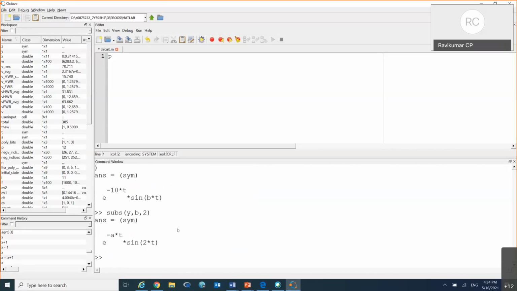You can take this and substitute in this function a equal to 1. So you can use substitute to simplify things by substituting some value.